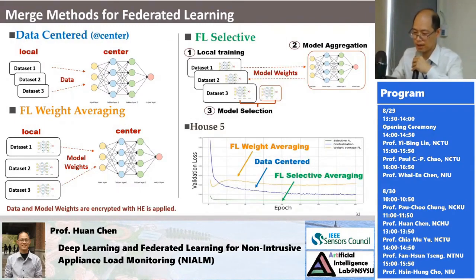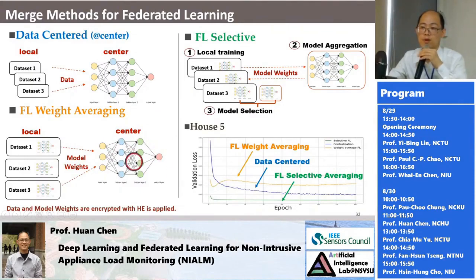How do we improve that? We have several merge methods for federated learning. The most widely used merge scheme is to perform weight averaging at the center, which means every party sends their own model in the encrypted domain and we merge them in the center.